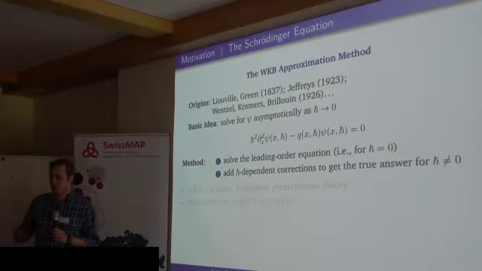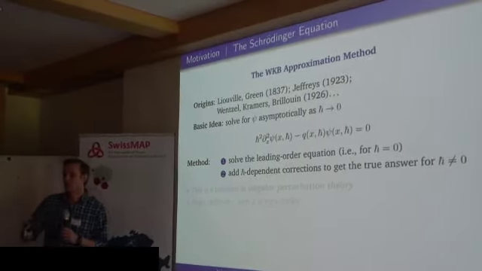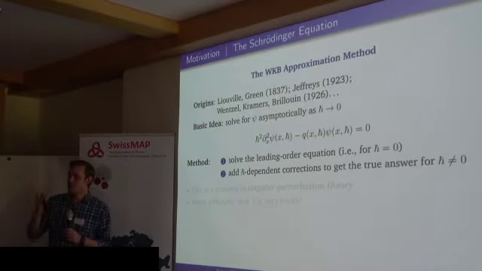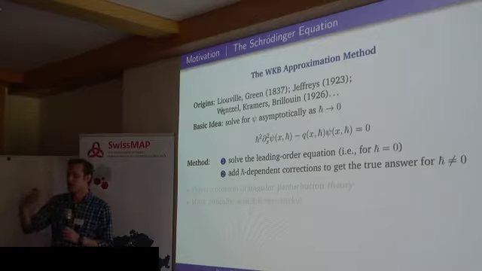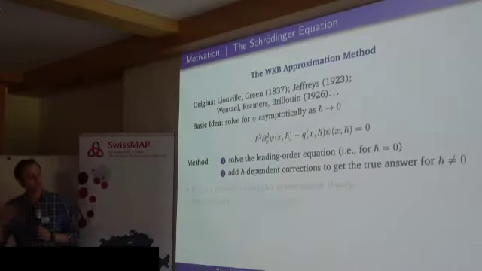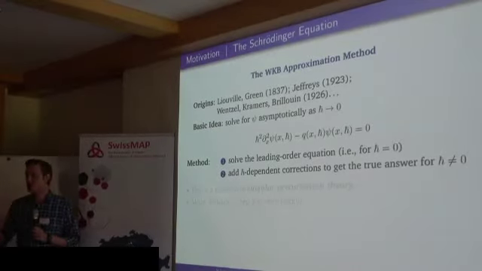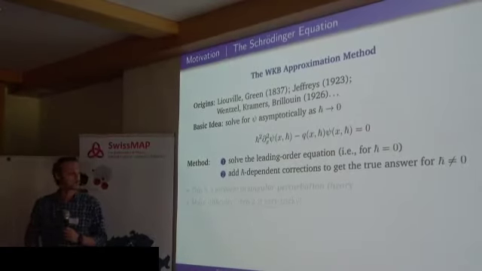So I simplify the problem and solve the leading order equation. Of course, that is not a solution to my differential equation. I need to correct it, and the corrections depend on h bar. The idea is that you add, in some systematic, successive way, h bar dependent corrections, to get a true analytic answer at whatever non-zero value of h bar you're interested in.